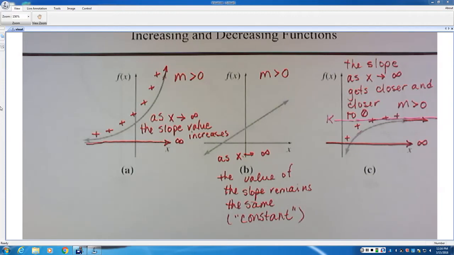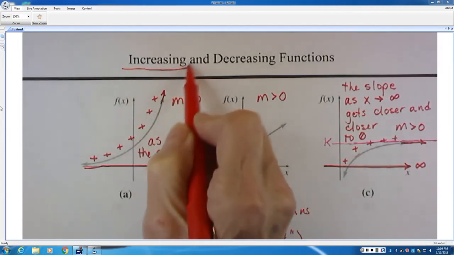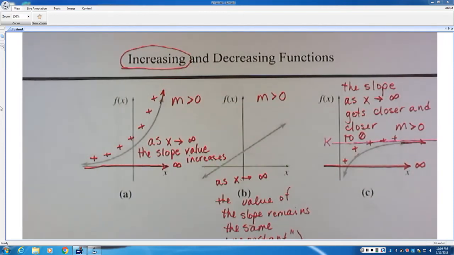So all of these functions that we're looking at here, every single one of them, is increasing. And the reason that it's increasing is because the slope is positive.